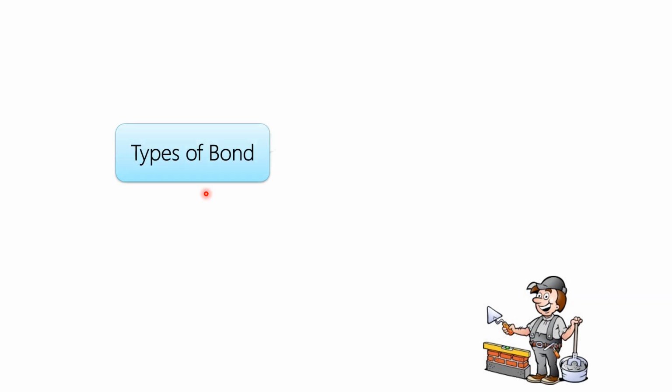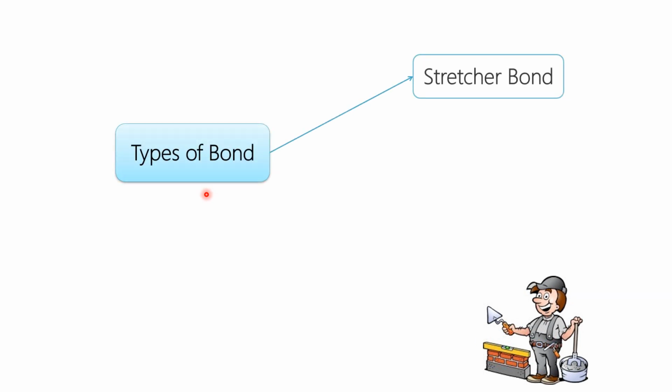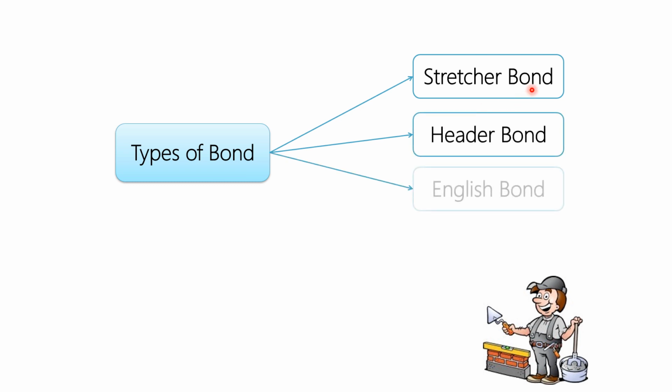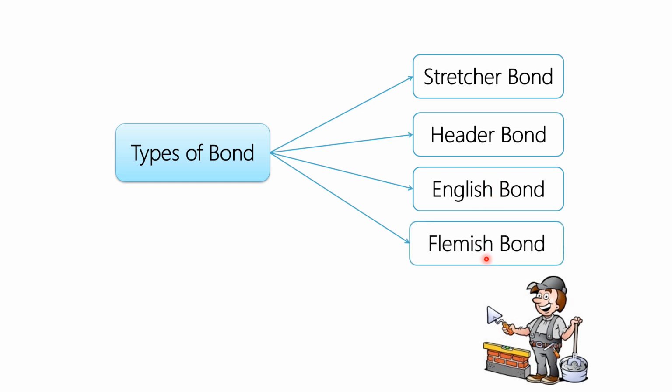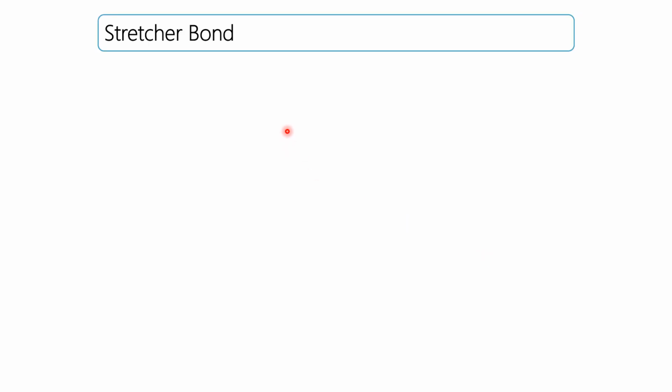Now, types of bonds. There are four basic types of bonds: stretcher bond, header bond, English bond, and Flemish bond. One by one, what is stretcher bond? Here, see carefully.